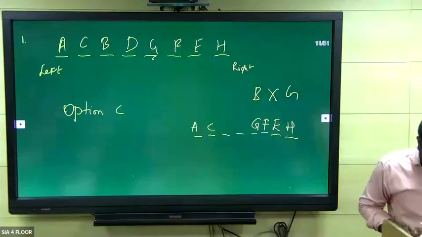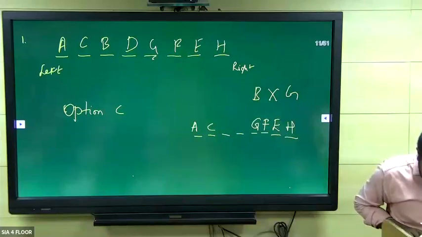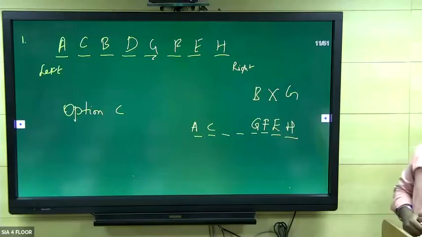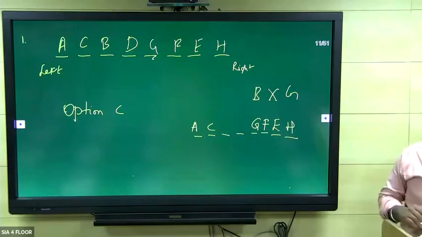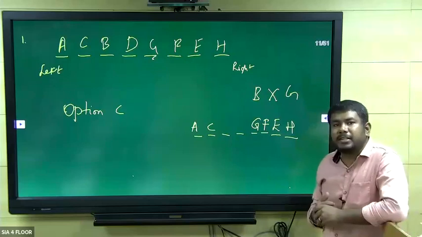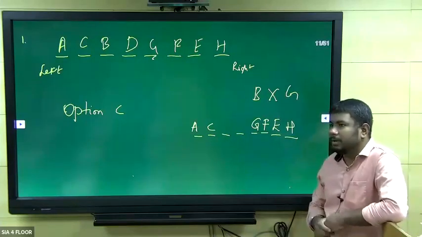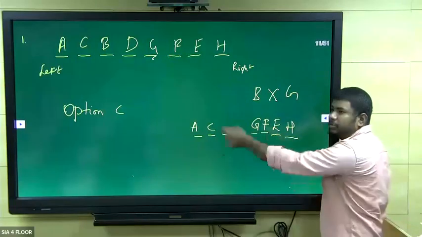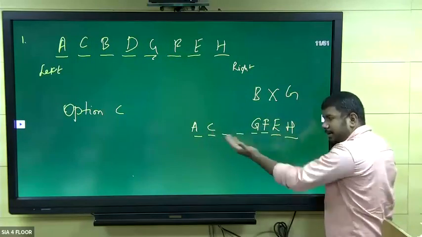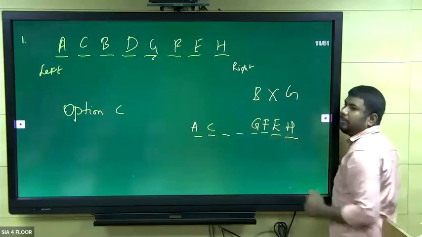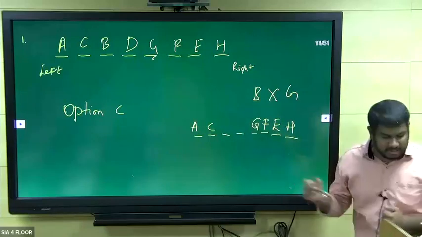Clear? Sir, can C and H be interchanged in position? No, no. C and H don't have an interchanging position because according to the given statement, this will be the correct one. H sits to the right of C, so right direction is this side. So this is the only possible arrangement. No need to interchange C and H.